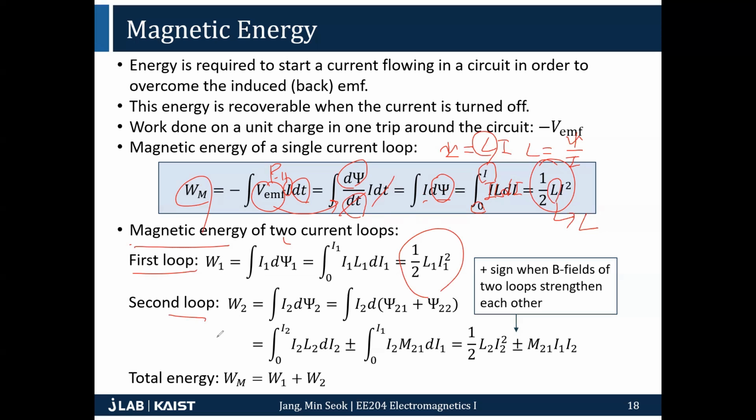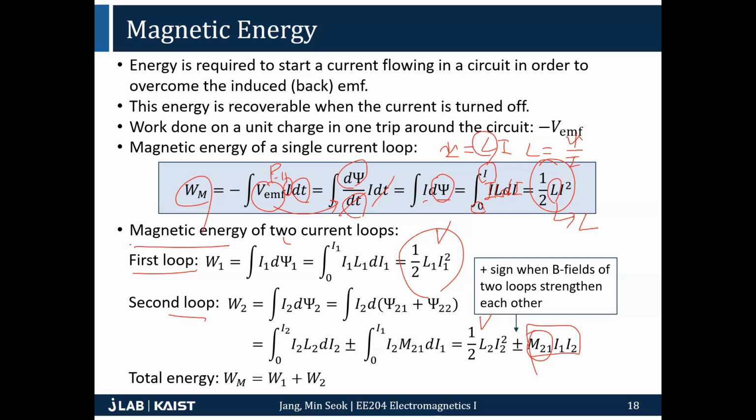But if you run a current I2 in the second loop, it's not simply having current in just the first loop, right? Because you also need to take into account the mutual inductance. So the total energy is the sum of the self-inductance terms plus the mutual inductance term.